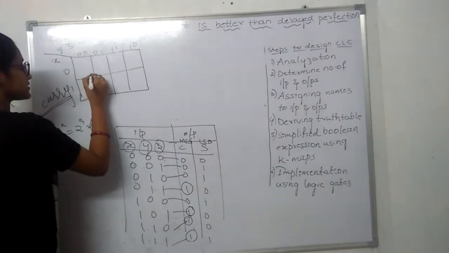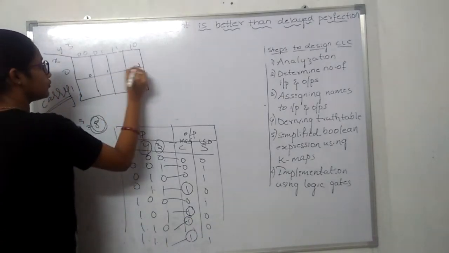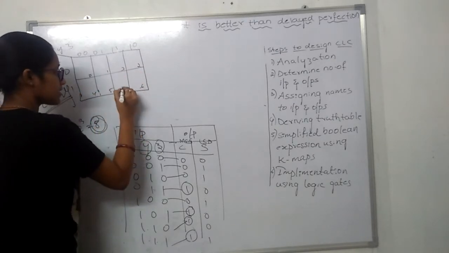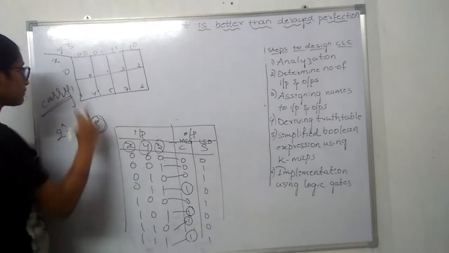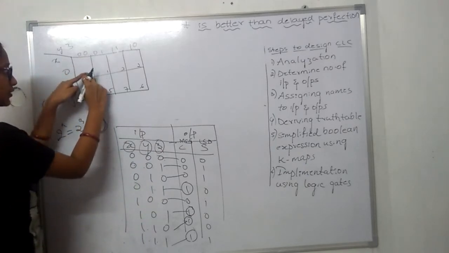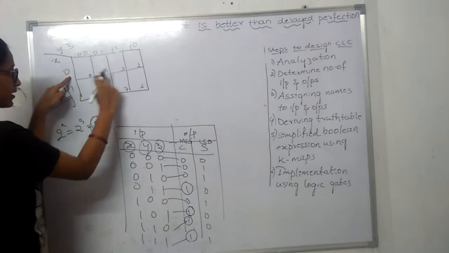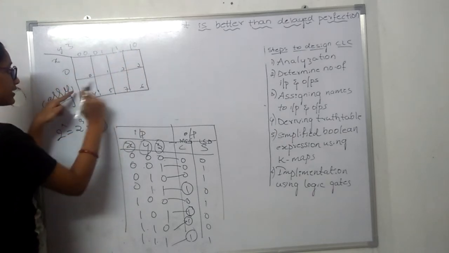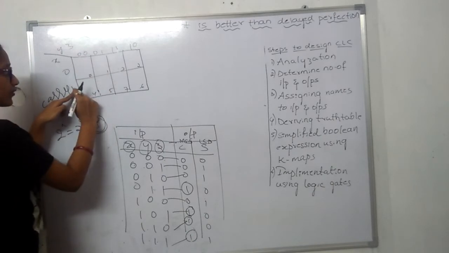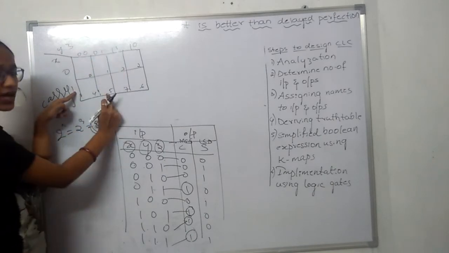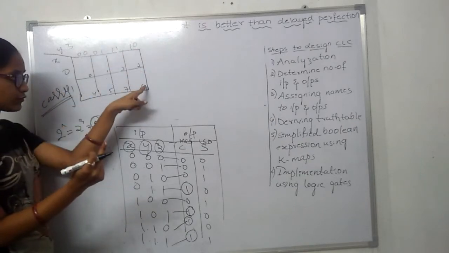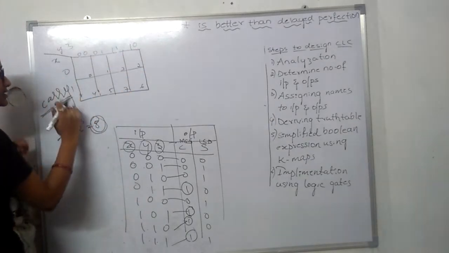So how to represent? 0, 1, 2, 3, 4, 5, 6, 7. Why so? Because 0 0 0 is 0. 0 0 1 is 1. 0 1 0 is 2. 0 1 1 is 3. 1 0 0 is 4. 1 0 1 is 5. 1 1 0 is 6. And 1 1 1 is 7. So that is the representation.